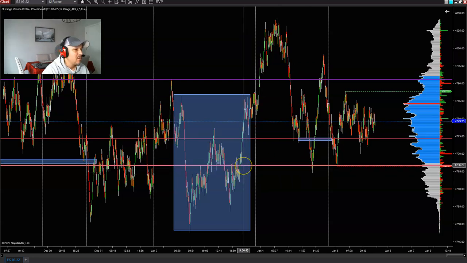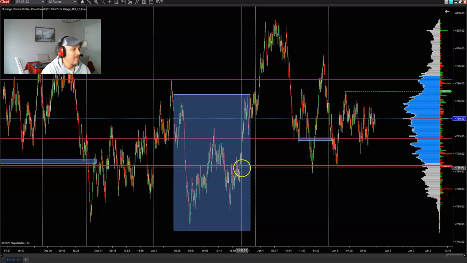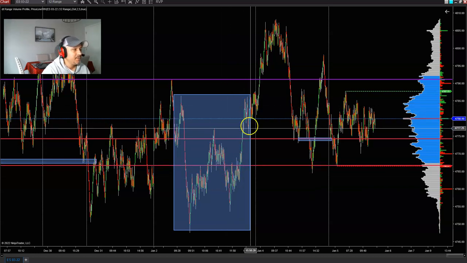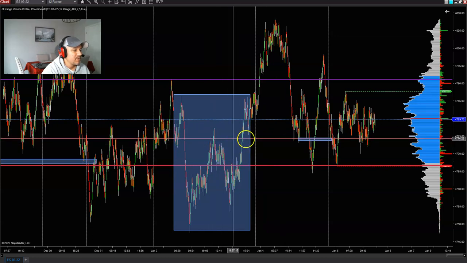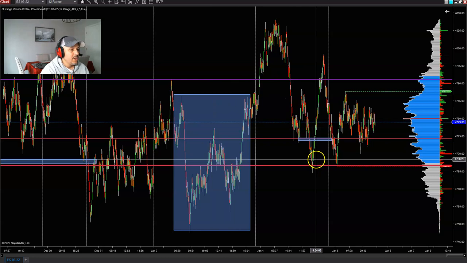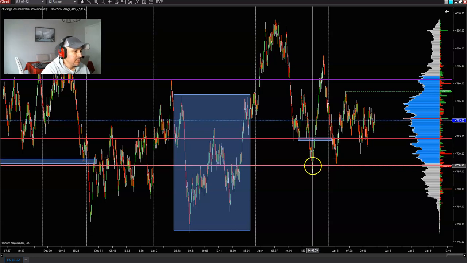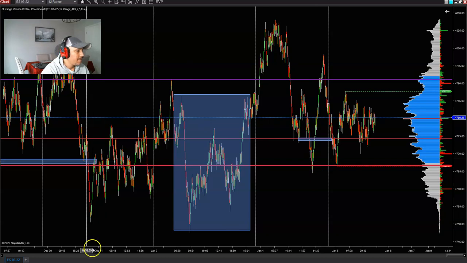And then this is where, okay, I'm interested now, because there was actually buying that took place in this area within this swing right here. So the level was marked right here, and when price came back to this area, you can look for an area to maybe go long from. So it just all depends.